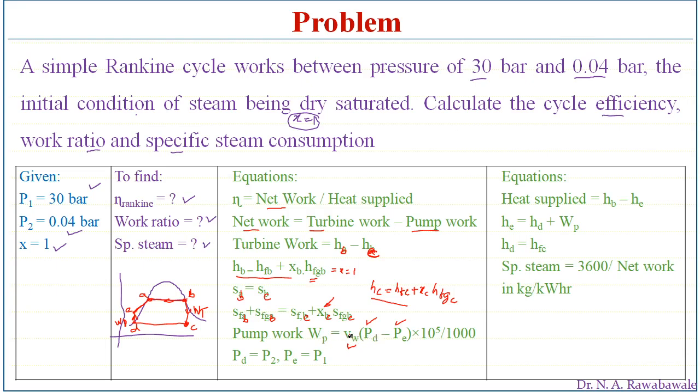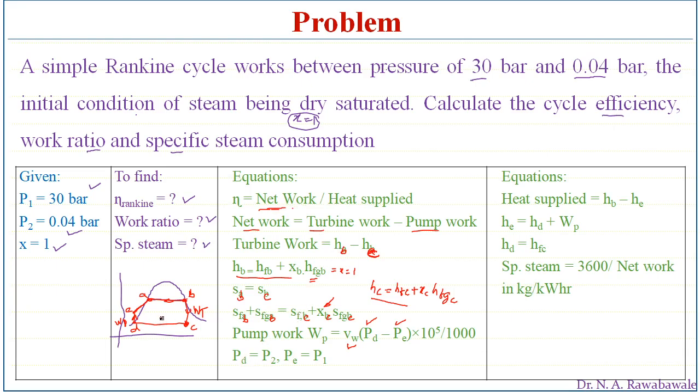By subtracting the pump work from the turbine work, we get the net work. The rest is the heat supplied. So how do we find the heat supplied? Prior to that, PD is equal to P2.